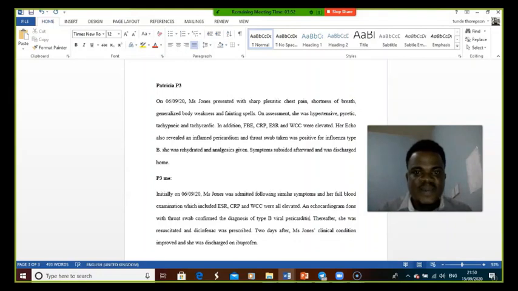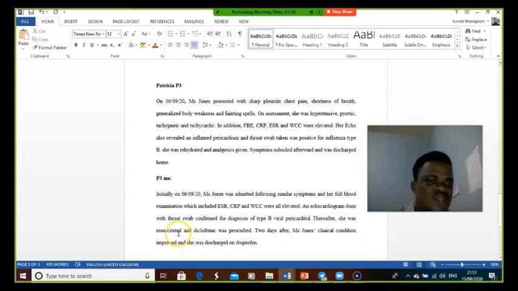We can use this one now, because in our introduction it is the relapse of this pericarditis that we are suspecting. So if we say the diagnosis, we are not referring to the right thing. So confirm the diagnosis of type B viral pericarditis.